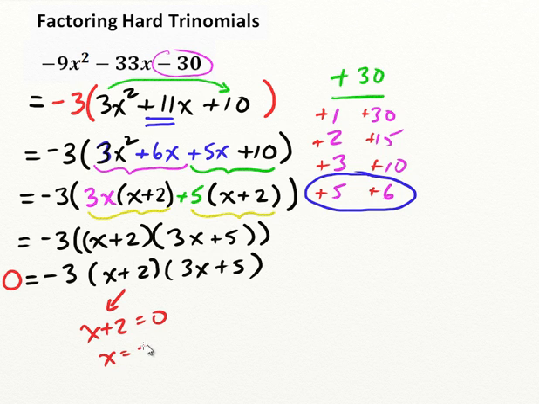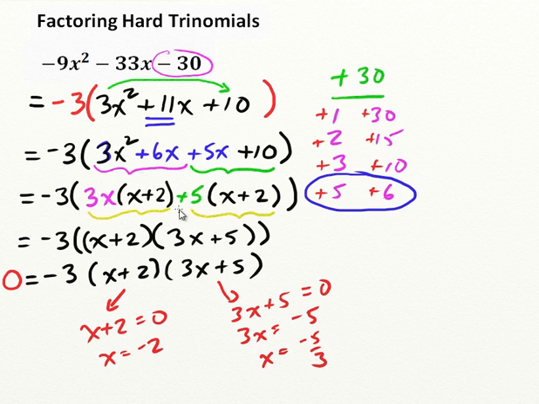Well, that's when x equals negative 2. When is 3x plus 5 equal to 0? Well, that's when 3x is negative 5, or x is negative 5 over 3. So those are the two roots. That is where this parabola crosses the x-axis.